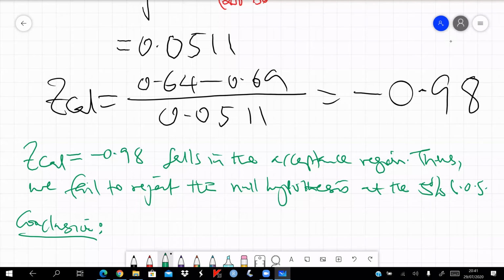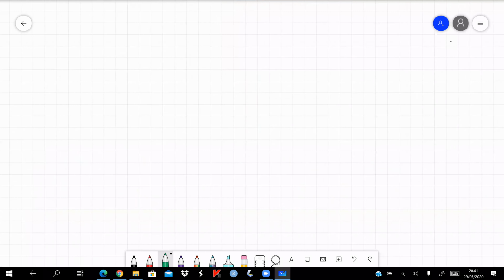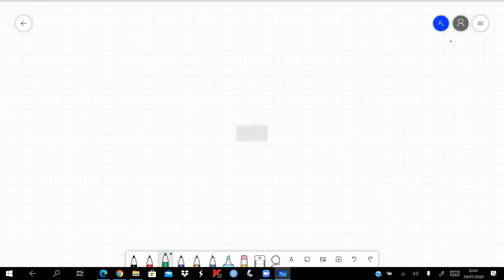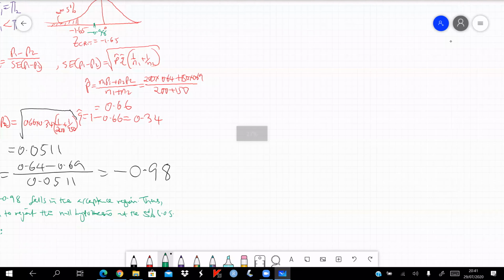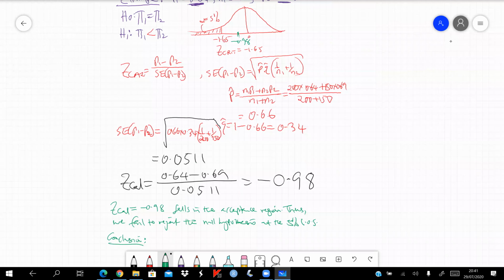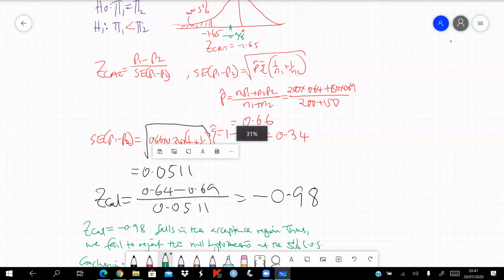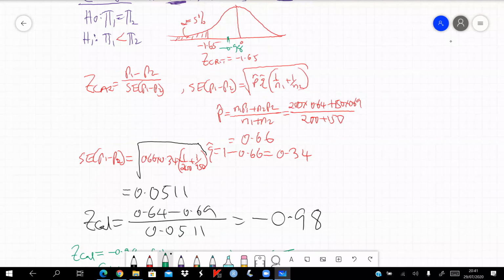Is there a significant increase in the ownership of these machines, or is it simply because we used a different sample?